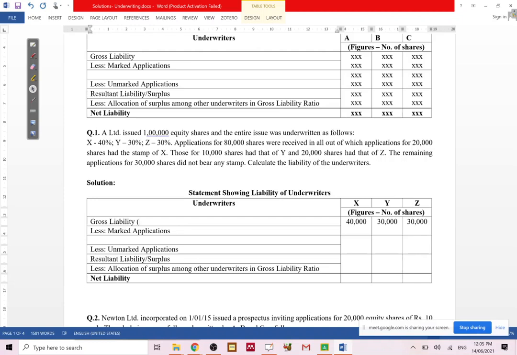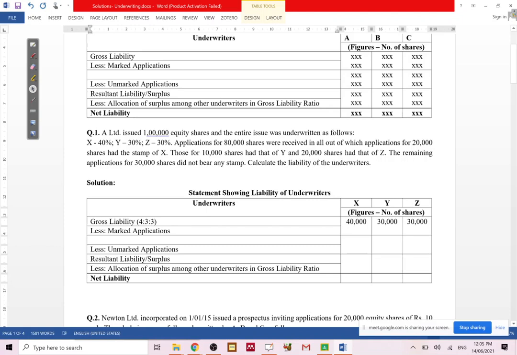Fine. Now we have something called a gross liability ratio. It is based on 40, 30 and 30%, so it is 4:3:3, right?